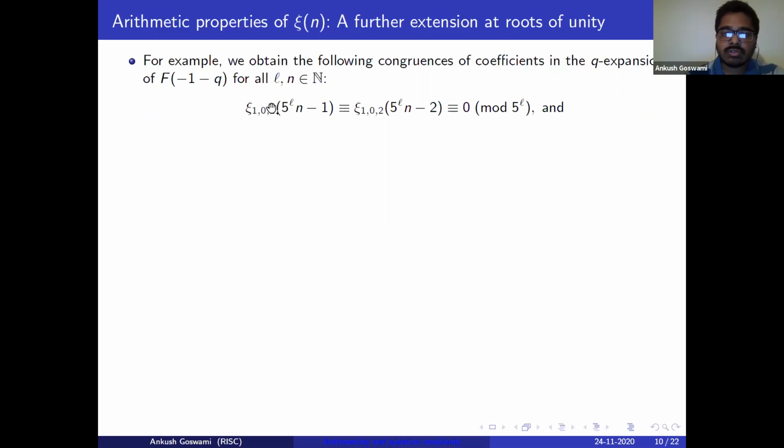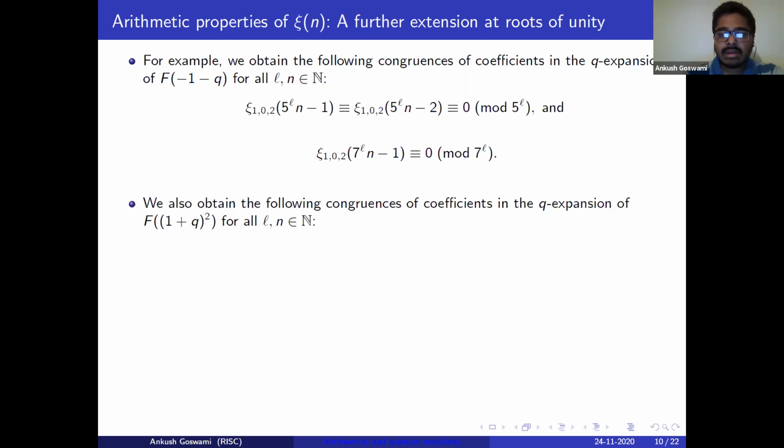So xi of 1, 0, 2, where the last entry is the value of capital N, and r equals 1 and s equals 0, satisfies these congruences mod 5 to the power of l. Similarly, if you choose N equals 2 and choose a different prime, you get these congruences for xi 1, 0, 2 mod 7 to the power of l.